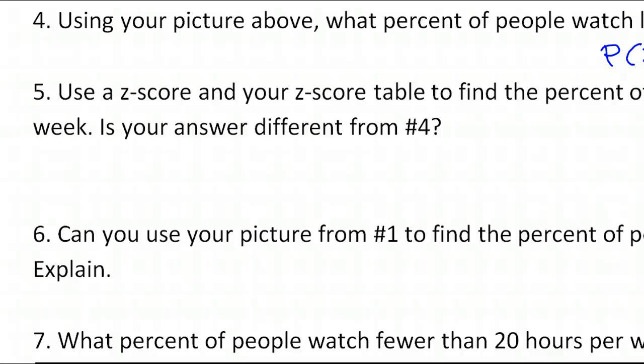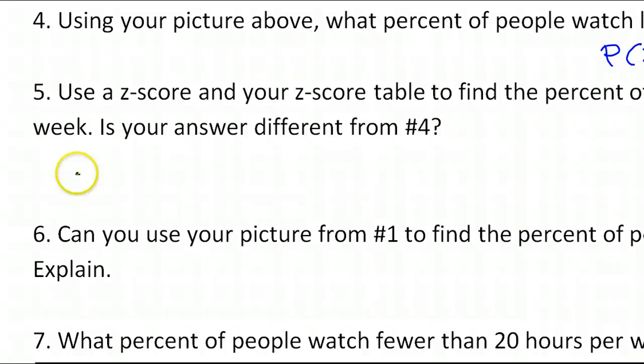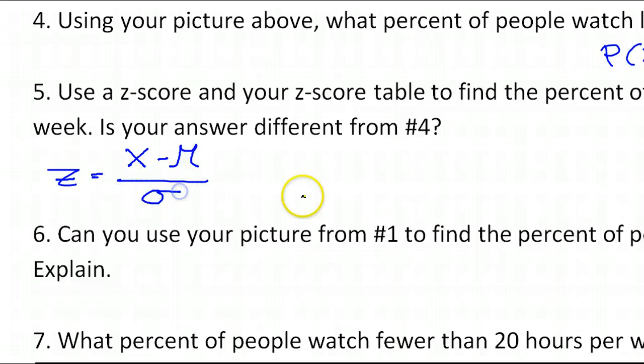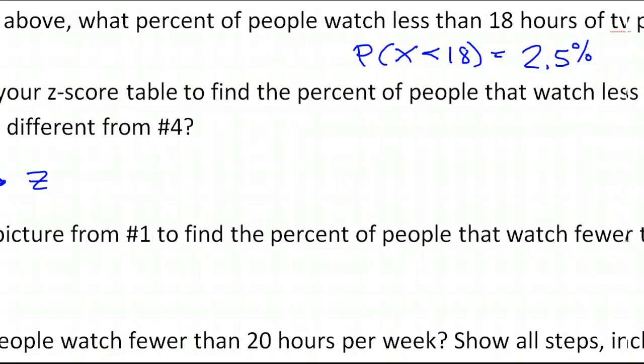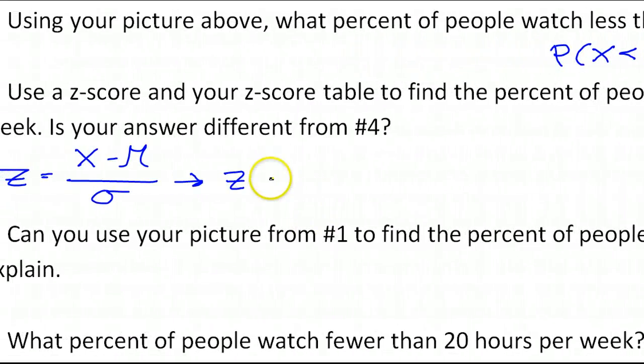So the z-score formula is this. The z-score equals the x value minus the mean, divided by the standard deviation. Let's turn this value of 18 into a z-score. Let's standardize it. The z-score equals 18 minus the mean, which was 21, divided by the standard deviation, which is 1.5.